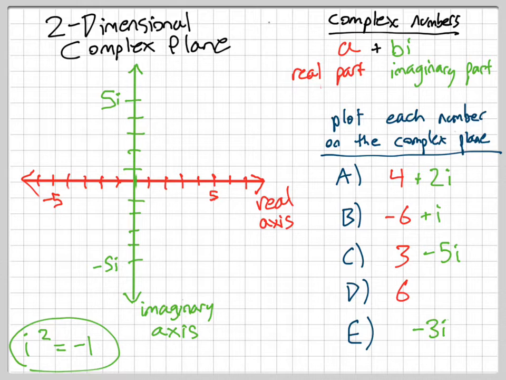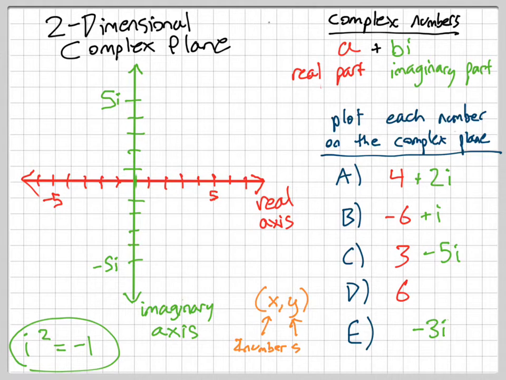So this looks similar to the XY coordinate axis that you're probably used to seeing with graphing, but there's a bit of a technical difference here, which is when we plot a point on a graph using XY coordinates, that's really a pair of two numbers.